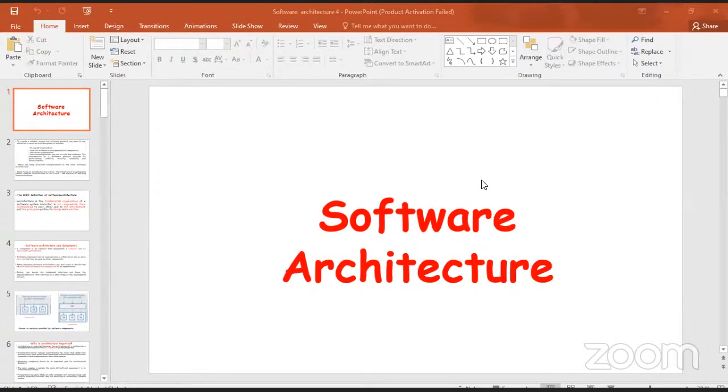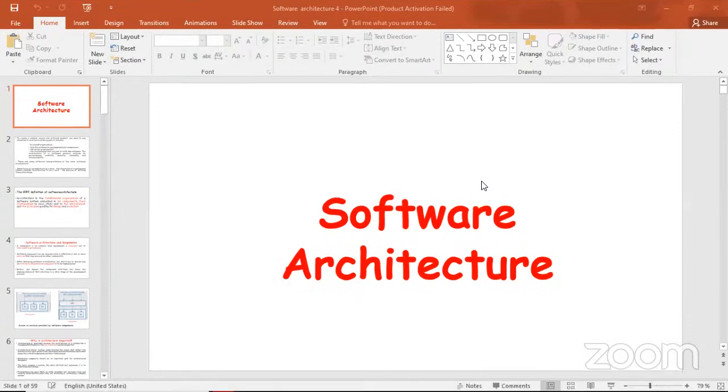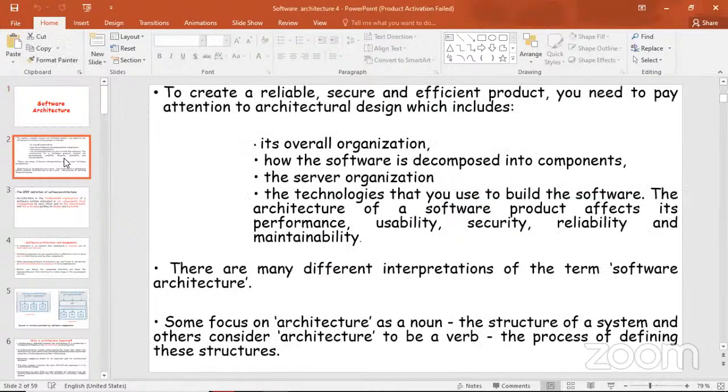All right, so today we'll be looking at software architecture and a few other things that we need to learn. So today I'm going to be a bit fast so that I can complete my time.